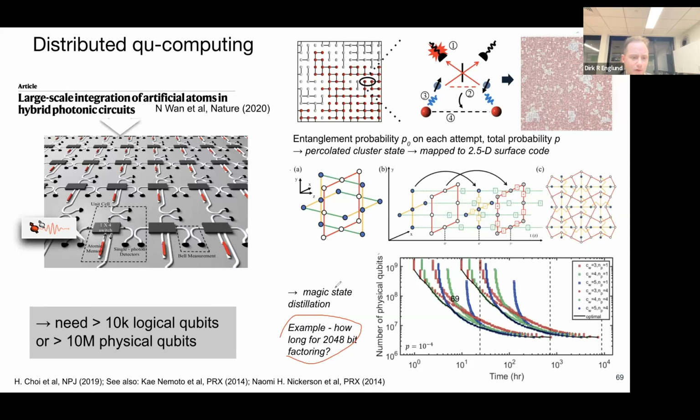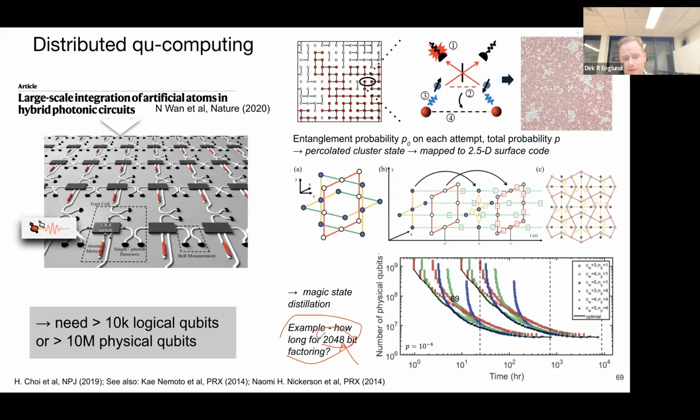So it turns out when you look at the resource requirements, to do factoring of n bits, you need of order n logical qubits with some multiplicative factor. Maybe a couple, like 2n, for example, is one type of algorithm, has twice that. So you need maybe 4,000 or 5,000 logical qubits.